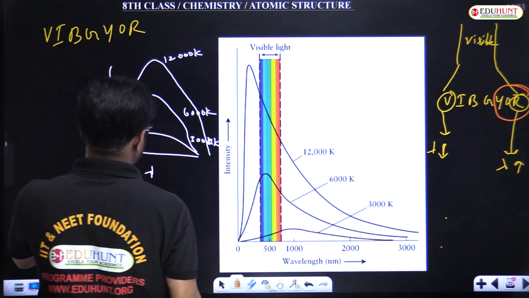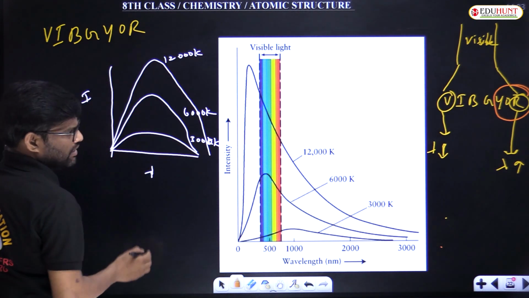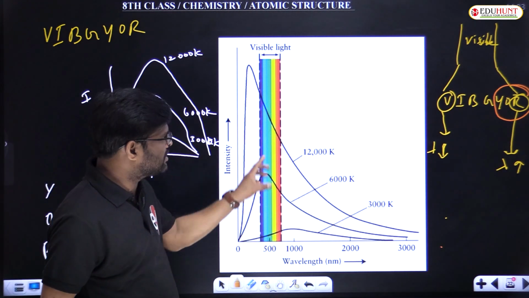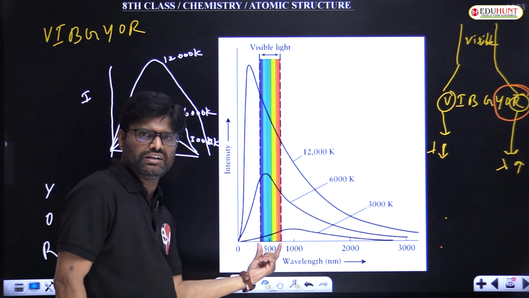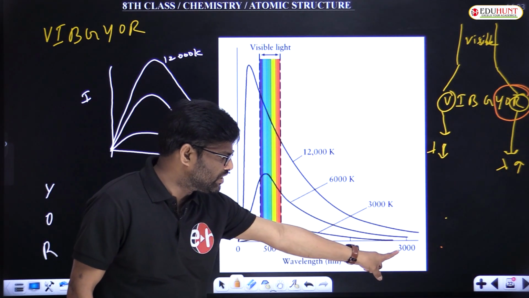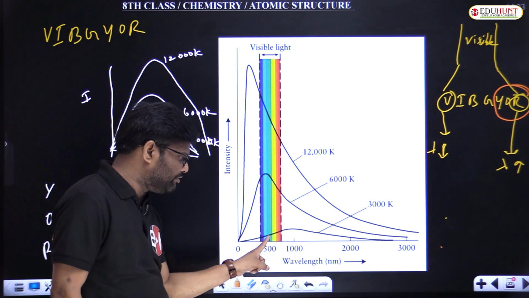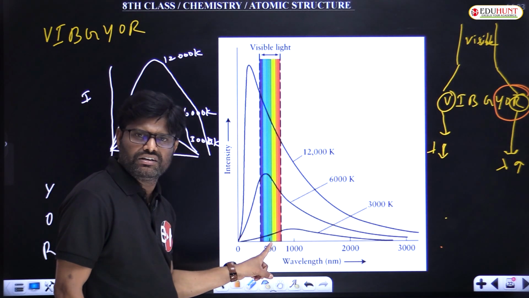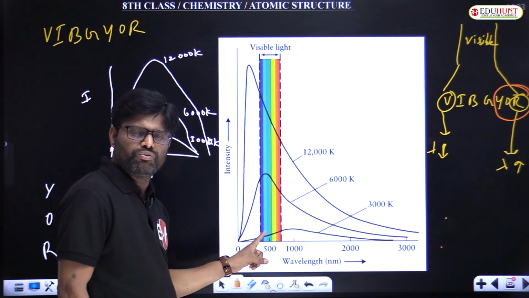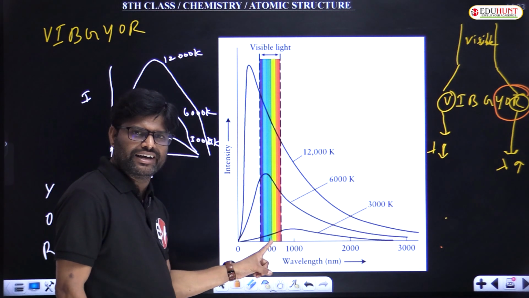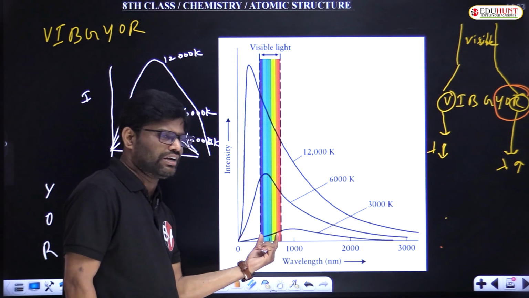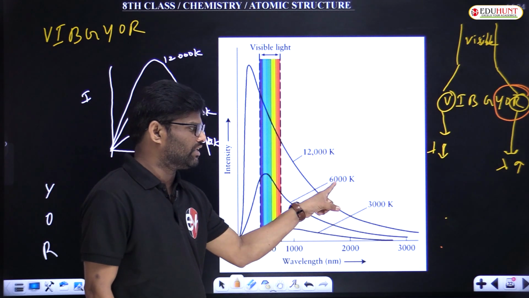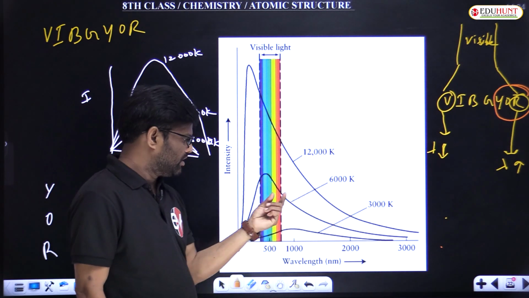See once in this graph, this is the VIBGYOR light. Light is present here. At 3000 Kelvin temperature, see those wavelengths: yellow color, orange color, red color. Here the wavelength is less. Now increase the temperature to 6000 Kelvin. Now what happens?